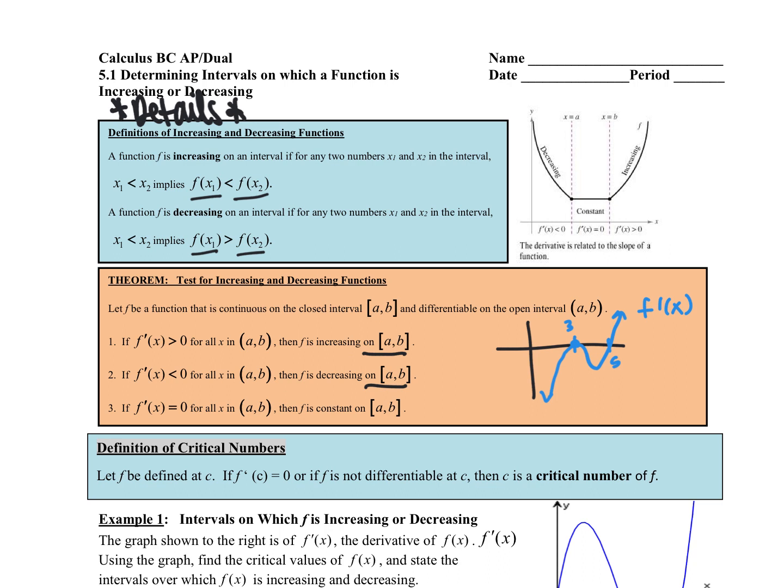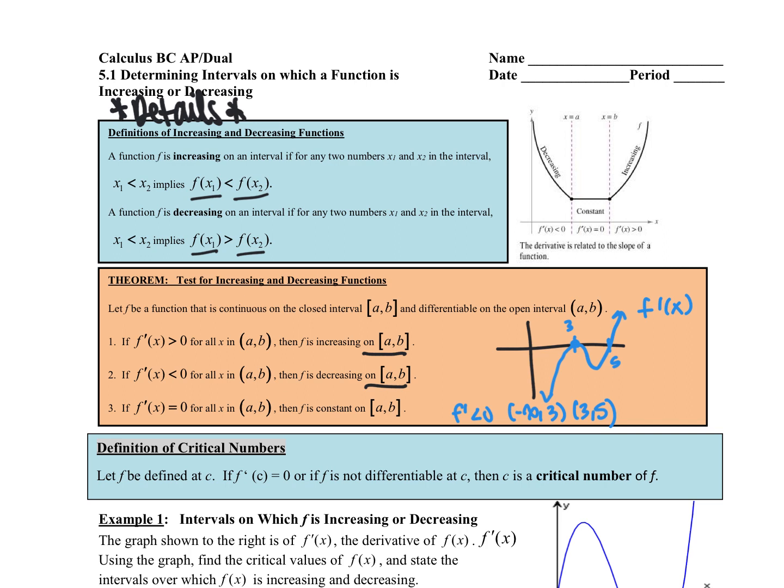Technically, f prime is less than 0 from negative infinity to 3 and from 3 to 5, okay? But when we talk about decreasing, we say that f is decreasing all the way from negative infinity to 5. We don't worry about that 0 because of this right here.